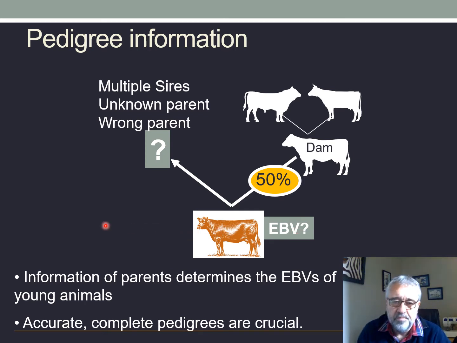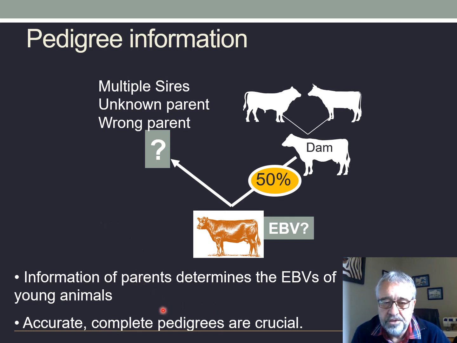Now this is very important when the prediction is done prior to the animal having had its own measurement. It means that we have to rely on the fact that it shares genes from the parents, and that elevates or decreases the genetic level of the animal based on the parent information. So if one of the parents' information is not available, it reduces the accuracy of the prediction, especially the early prediction.